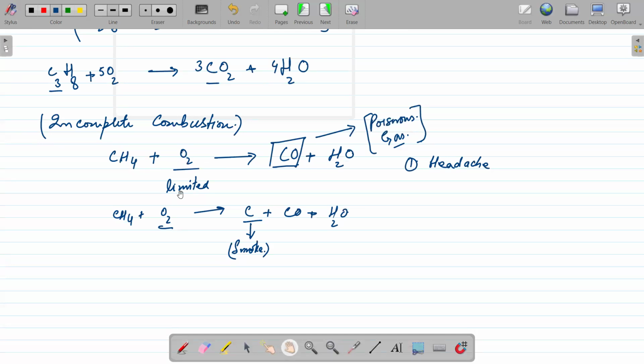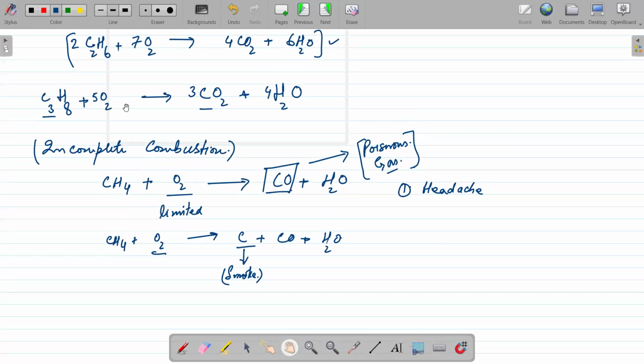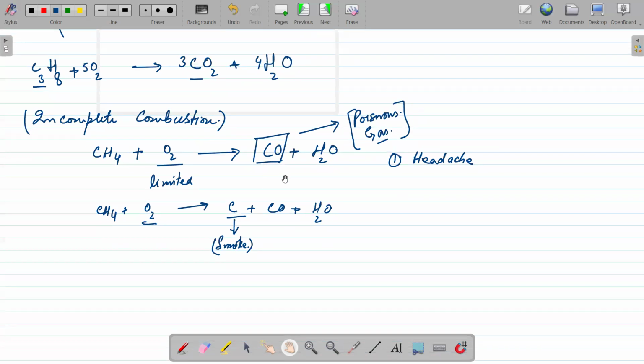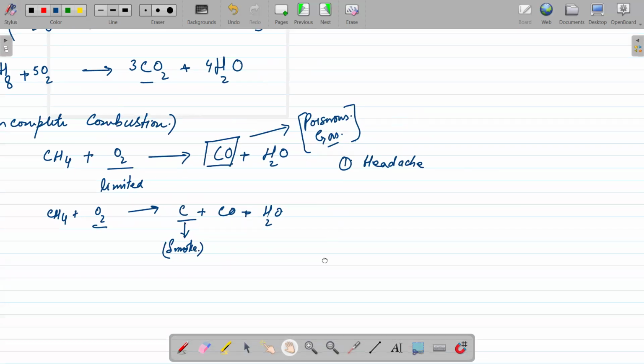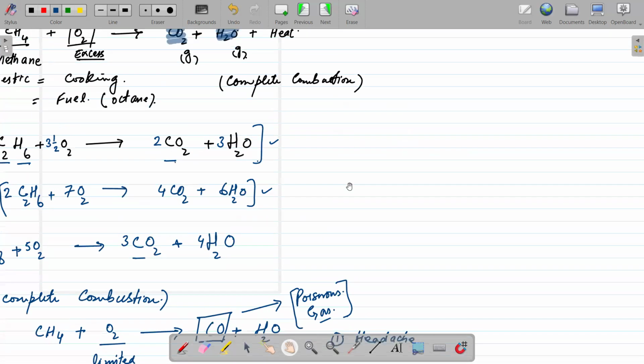So vents should be there, so oxygen can enter into those rooms, because after the use of this oxygen in complete combustion, less oxygen causes the production of carbon monoxide. So this one is the very first reaction of alkanes and its uses.